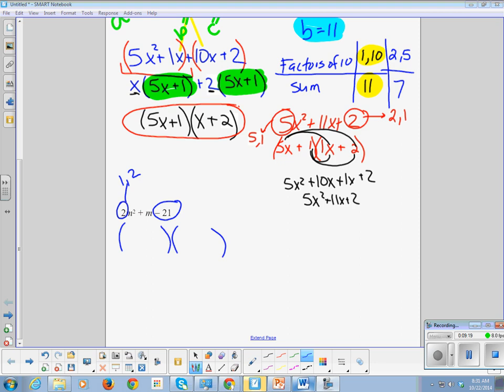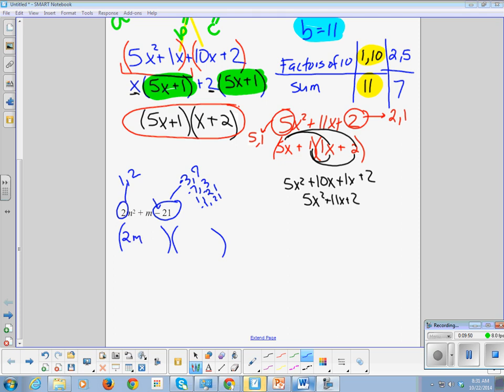How does 21 split up? We can go 3 and 7, or we can be negative 7 and 3, because it's a negative 21 right here. Or we can go 1 and 21. So we have a couple different options. If we're smart about it, we won't have to hunt and fish for too long.